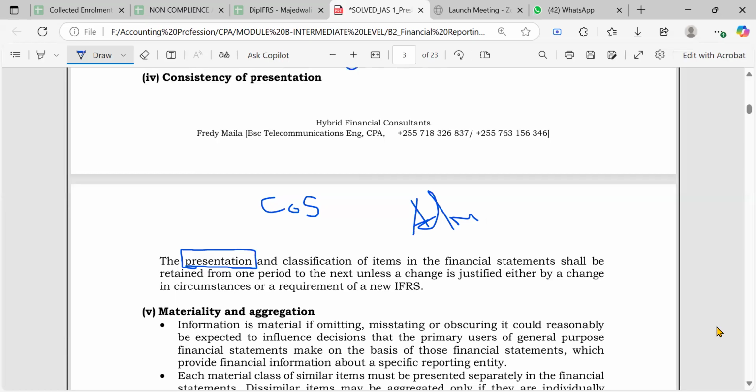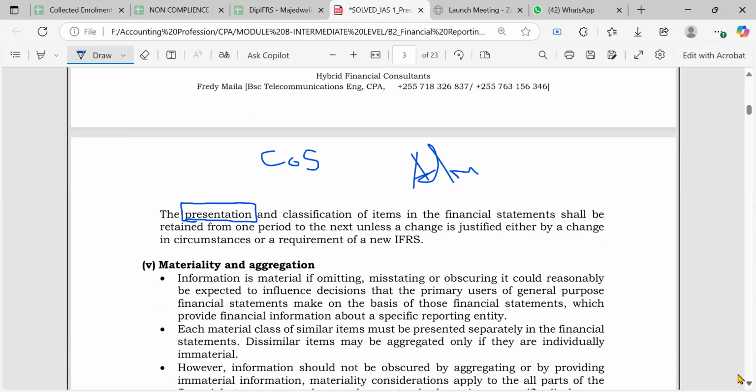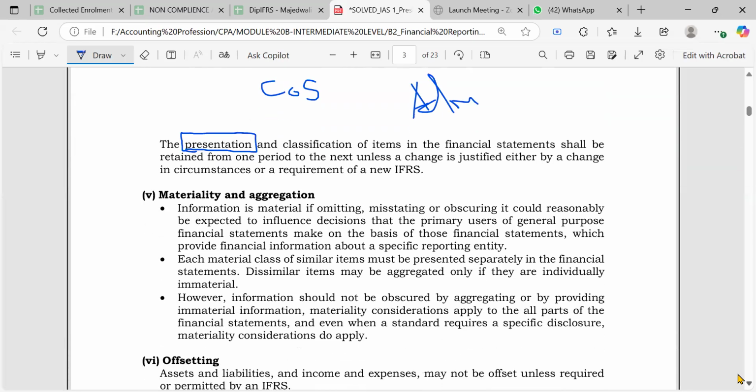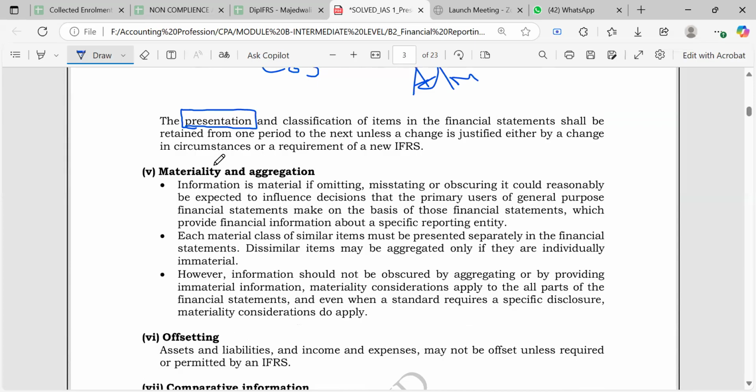Then you have another point here: materiality and aggregation. Let me tell you one thing. Whenever you prepare financial statements, and again I'm repeating, they are prepared based on materiality. If something isn't material, there is no point including it, right?